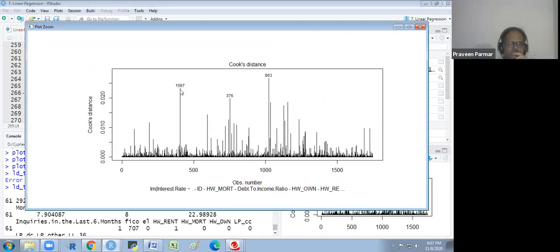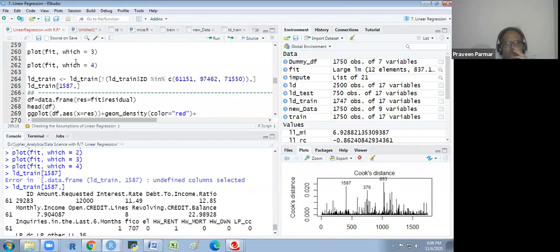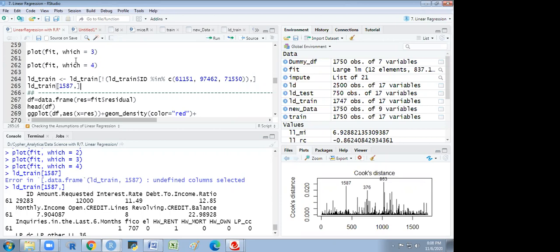It is the Cook's distance, 15871, it is showing me. It is 500. x-axis is observation number.